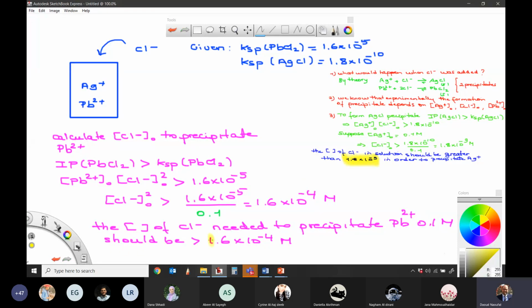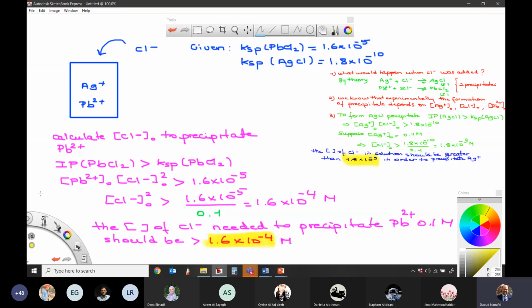Cl- needed to precipitate Pb2+ is 1.6 10 minus 5 is 1.6. No, we have a square, so radical.